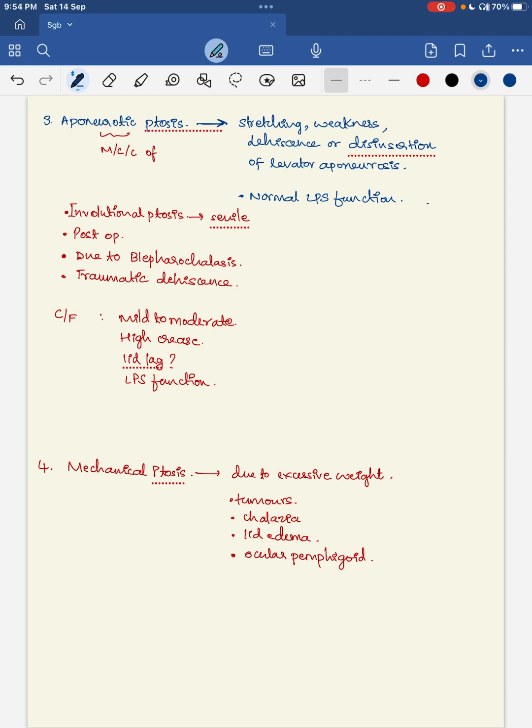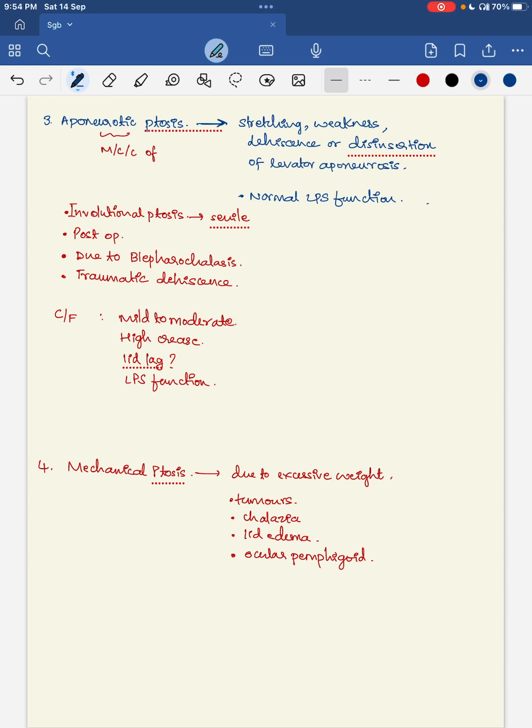Continuing the session. The third clinical type is aponeurotic ptosis. You see, the levator palpebrae superioris, the LPS, happens to have an aponeurosis. Aponeurosis tendon means the one which flattens at the end of its insertion. It's a flat tendon.